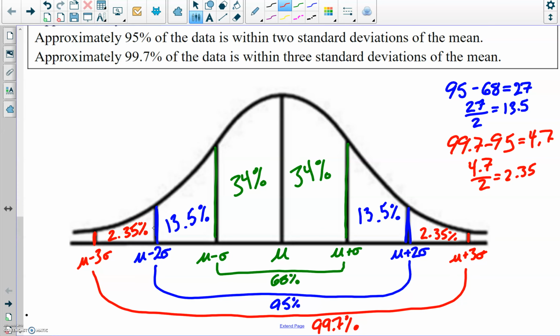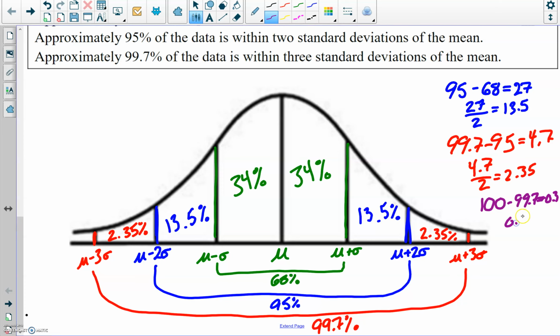And then last but not least, you have 100% total, in theory, underneath this curve. And it's always, if you've collected all of the data, if you've collected a census, you do have 100%. So beyond that 3 standard deviations, you would have basically 0.3% left over.